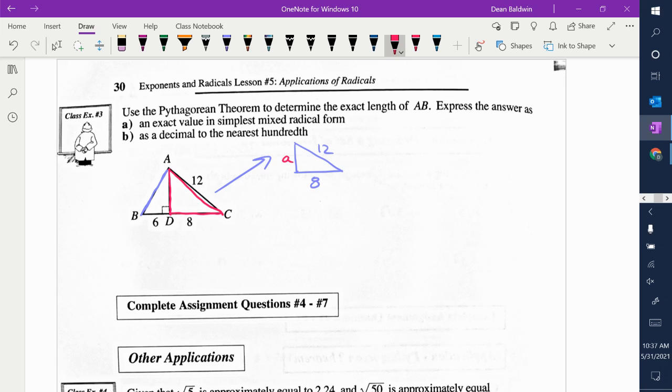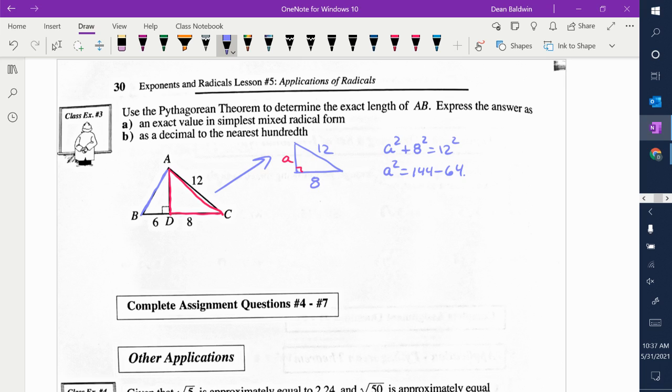So then I use Pythagorean Theorem because it's a right angle triangle. A squared plus 8 squared is equal to 12 squared. Twelve squared is 144. Subtract off the 8 squared, which is 64.